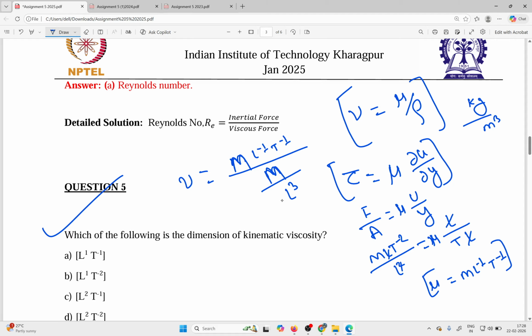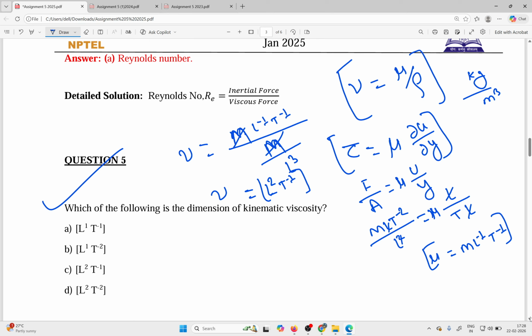So the M will cancel out, and you will remain with L square, L to the power 2, and T to the power minus 1. I hope other students will also understand. If you know, that's good. If you do not know, please follow the procedure like that. Very simple. So option C is correct here for question number 5.